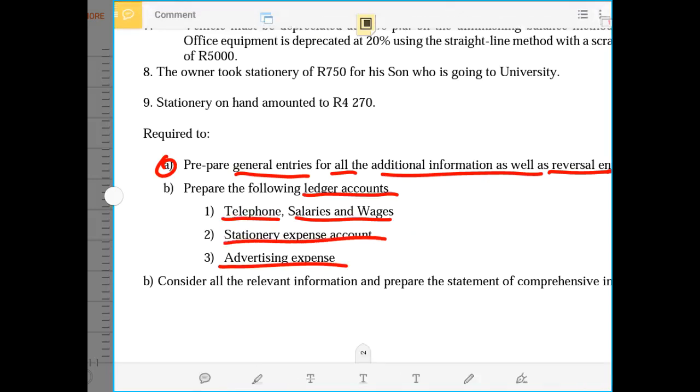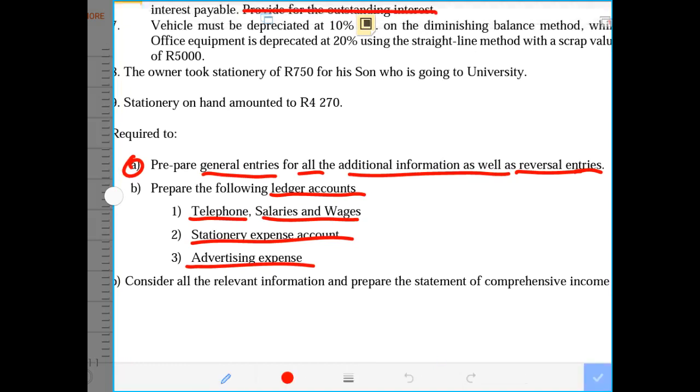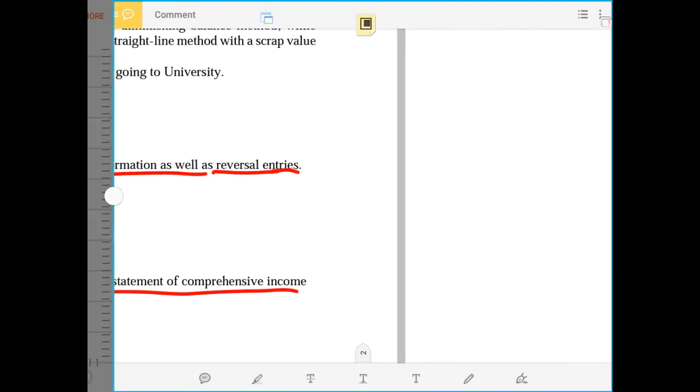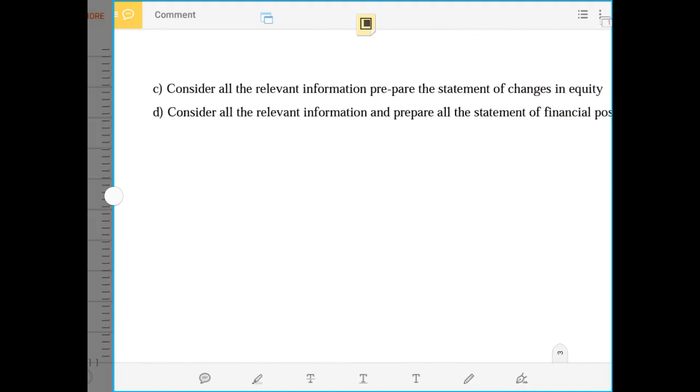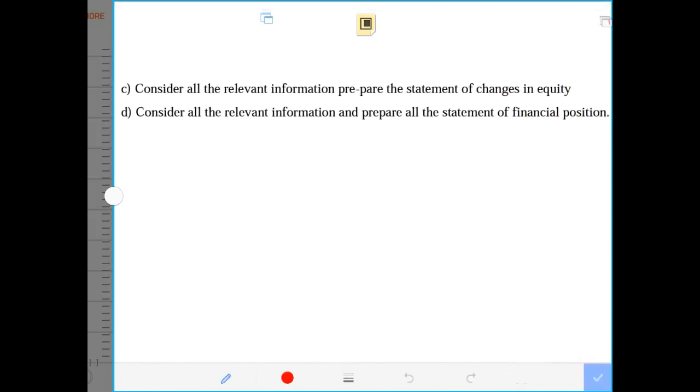Then after, we are required to consider all the relevant information and to prepare the statement of comprehensive income. Then we are further required to prepare other financial statements, which is the statement of changes in equity. Then we are required to consider all the relevant information to prepare the statement of financial position at the end of the current year.